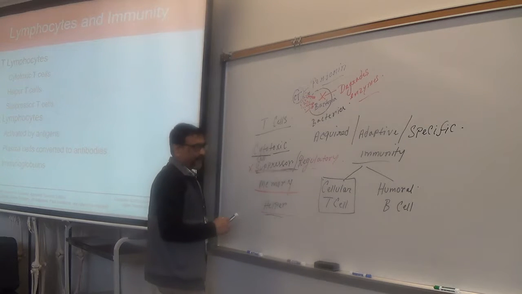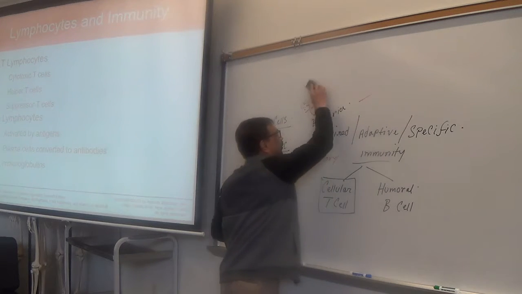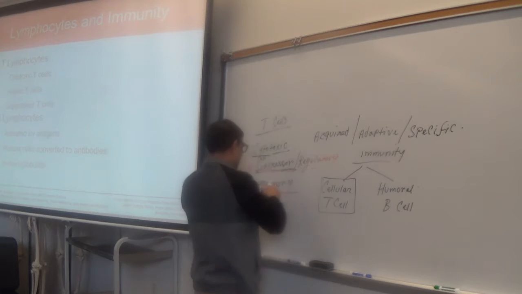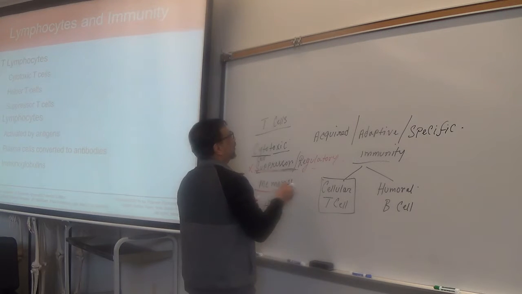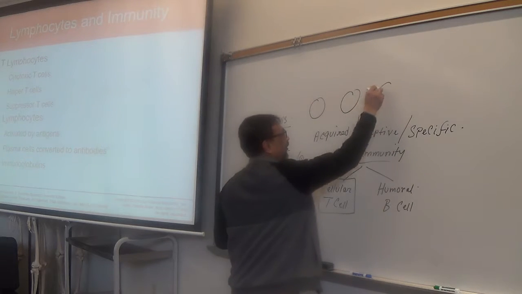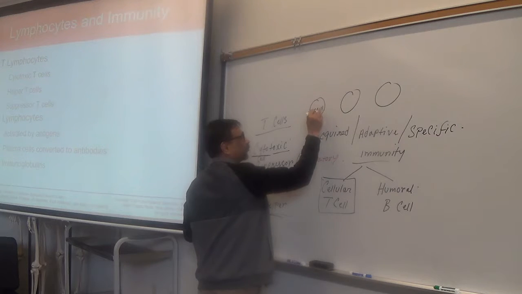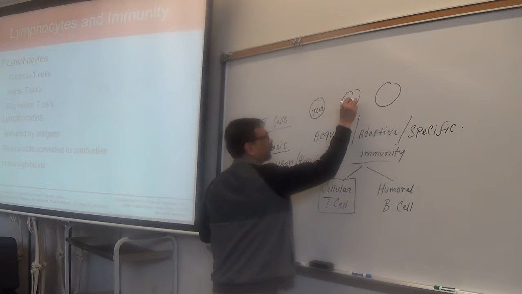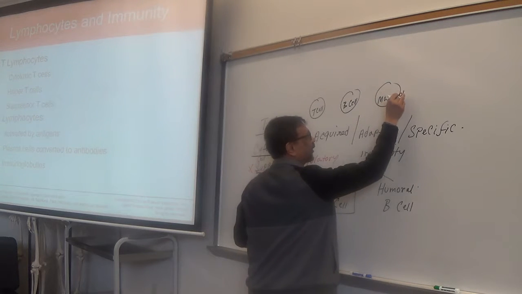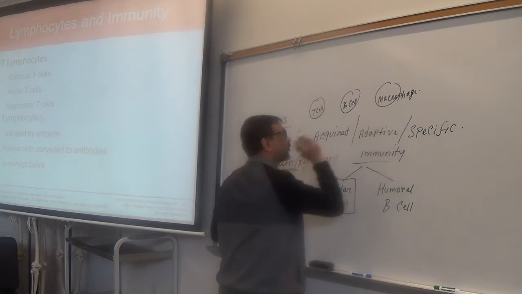Helper T cells, another type of T cells, they do what? So these are the cells of your immune system. For example, this is T cell, B cell, macrophage. Okay, you know these are very important in your immune system.